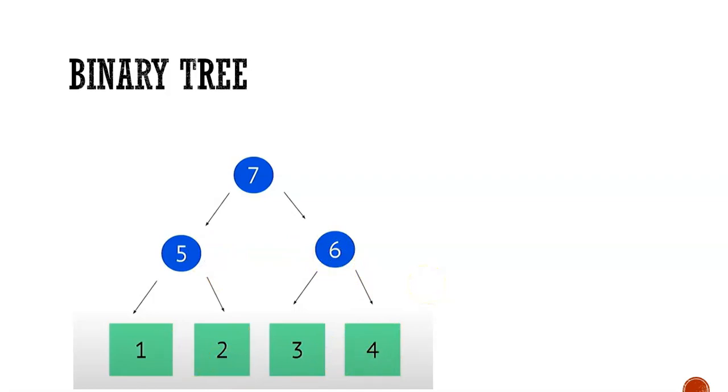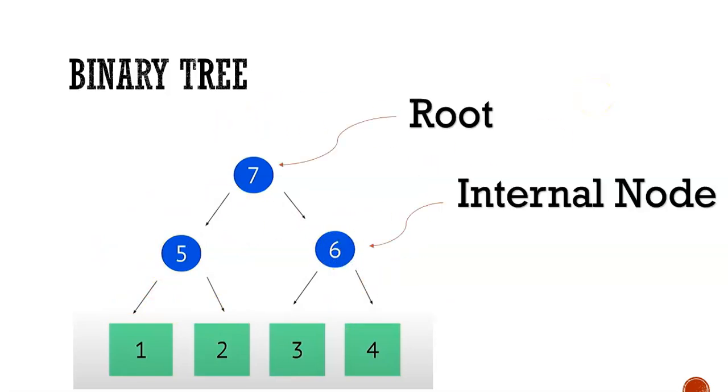The nodes that do not have any children or further branches are called leaf nodes. The nodes other than the root and leaves are called internal nodes. So here, 7 is the root, 5 and 6 are internal nodes, and 1, 2, 3, 4 are all leaf nodes.